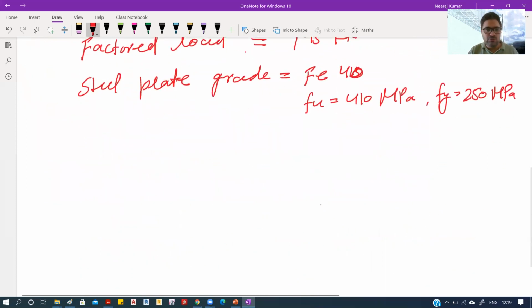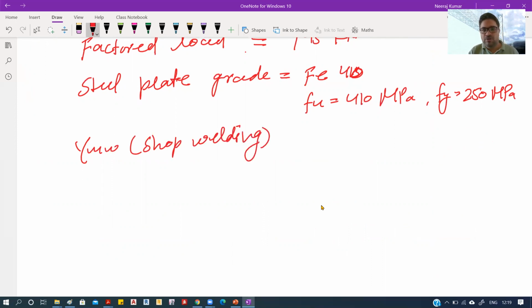So gamma MW for shop welding will be 1.25. I have already explained how we choose this using the IS code in the first example. So you can check that gamma MW using the field welding, field or site welding.